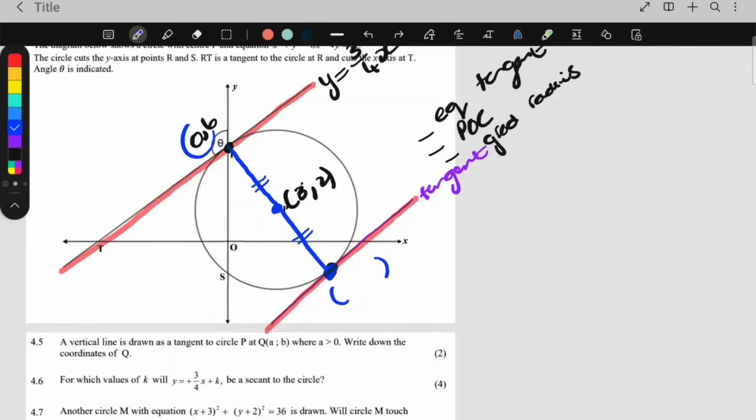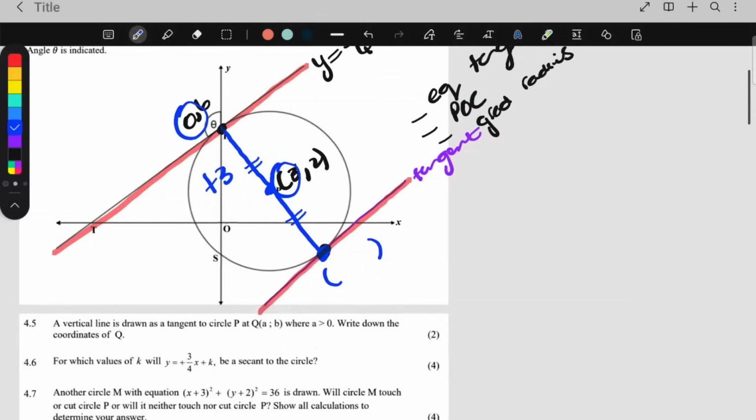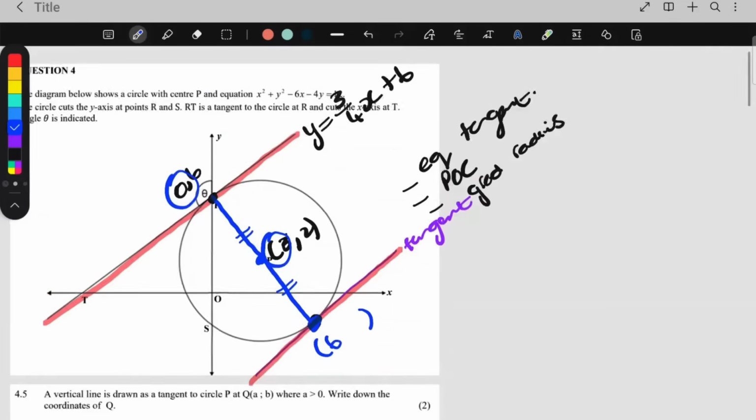So I'm going to say, to get from 0 to 3, I added 3. So to get from 3 to this point, I must add 3 again. So I get this to be 6.